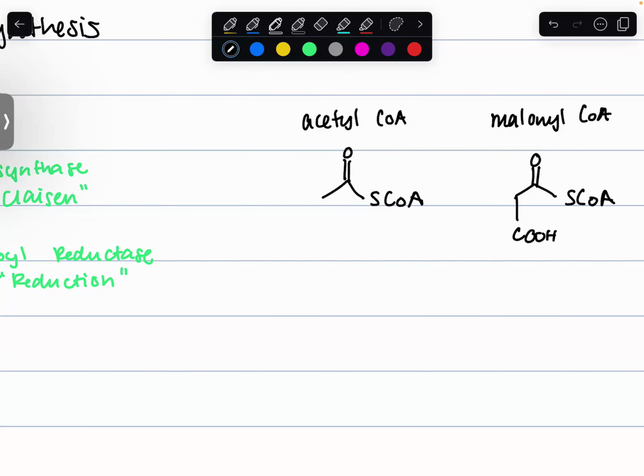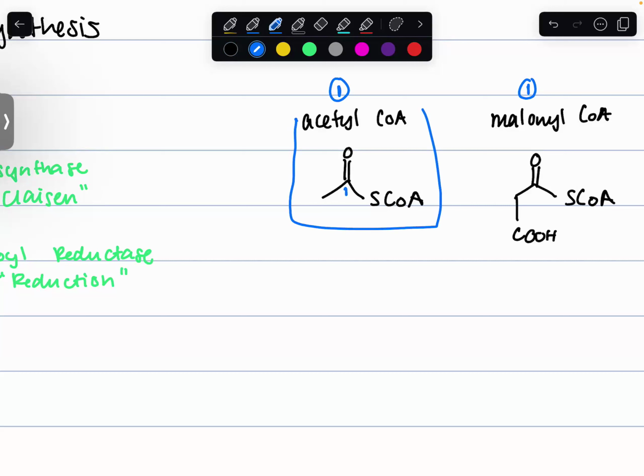Your first round of biosynthesis will use one of these and one of these. Every round from then on, you are just adding acetyl-CoA. So in fatty acid biosynthesis, you're increasing by 2 carbons every round you do.